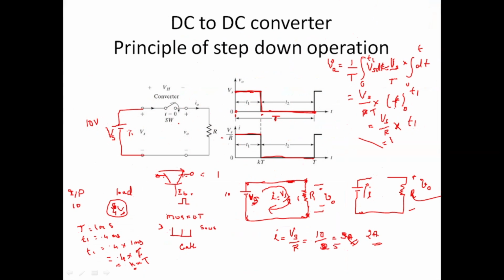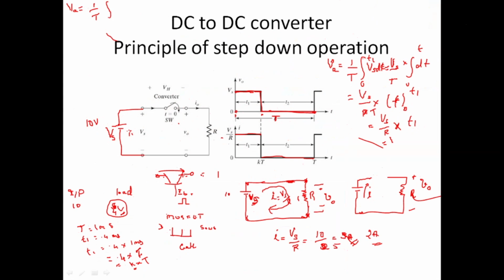If you are confused, I can rederive the equations. Average value of the load voltage. From 0 to T1 it is there, no? The period here is 0 to T.